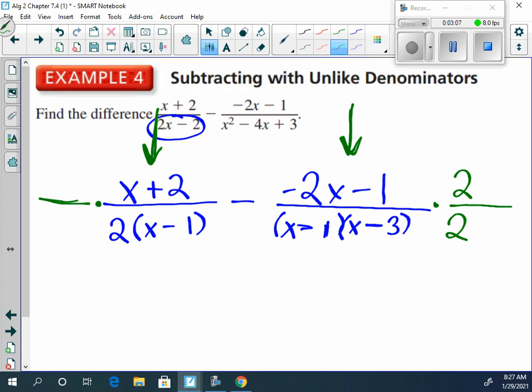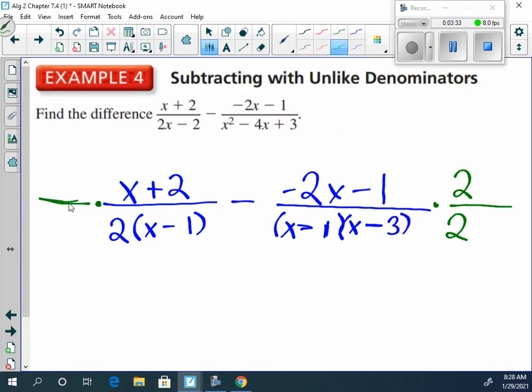Well, it also has the x minus 1, but we already have an x minus 1, yes? So the only thing the one on the right has that the one on the left doesn't is the 2. That's it. Because the 2 is the only thing that this one has that this one doesn't. Okay.